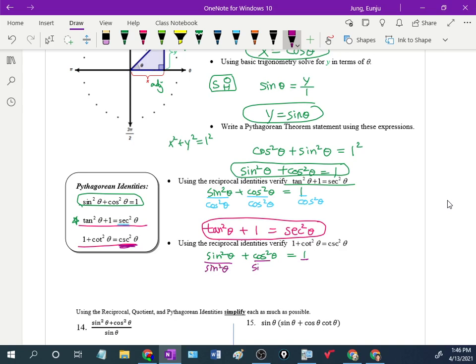By doing that, on the other side, I have the reciprocal of sine squared of theta, which is cosecant squared of theta. Let's simplify. What do I get from the first term? 1. From the second term, that is cotangent squared of theta. So we can derive the third form of the Pythagorean identity. That's how we derive these.